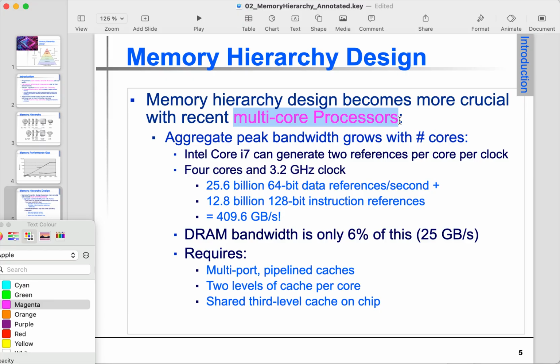So let's look at aggregate peak bandwidth that would grow with the number of cores. Intel Core i7 can generate 2 references per core per clock.